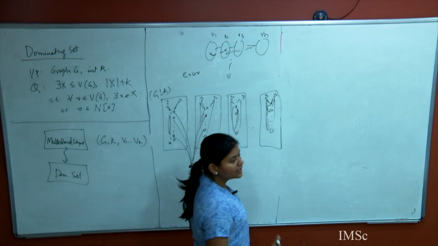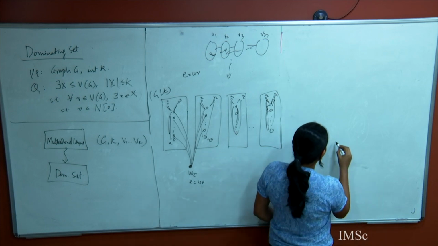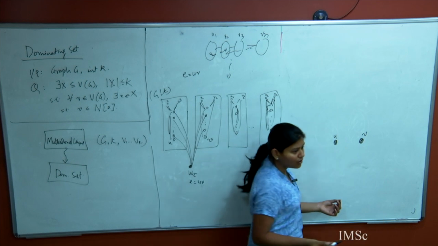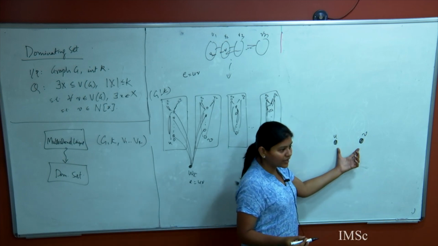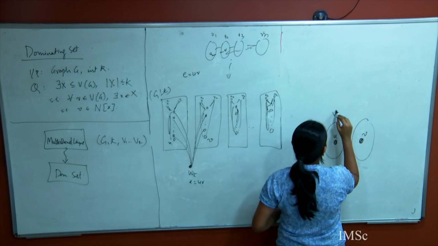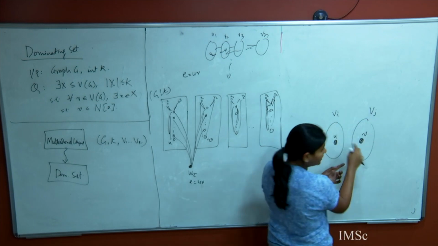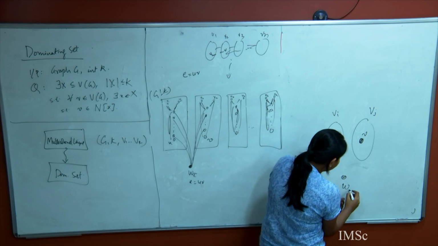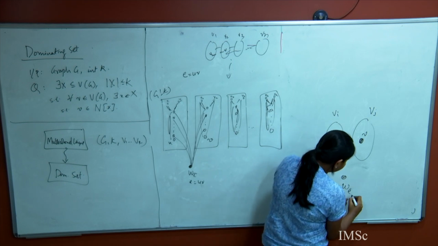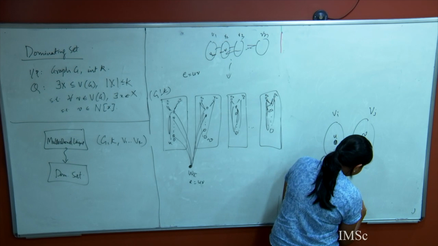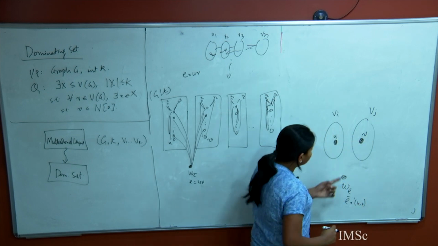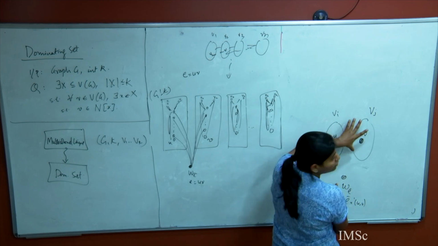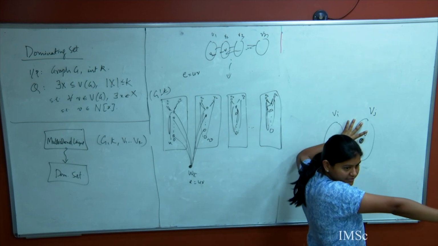Now let's see why they form a clique. Suppose they do not form a clique, then there is U in part Vi and V in some part Vj, which have a non-edge. But if they have a non-edge, I have a vertex W E bar, where E bar is this pair UV. Now notice that this vertex can only be dominated by vertices here or here, because it has no adjacency in other parts.